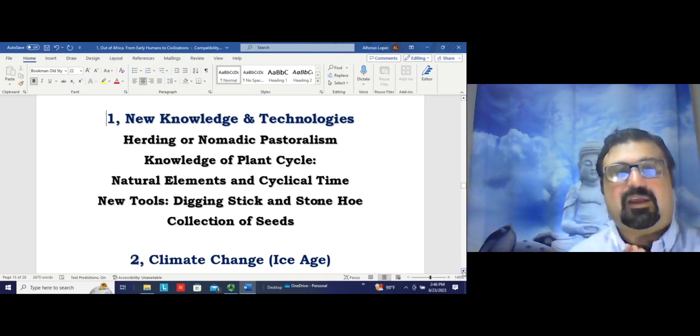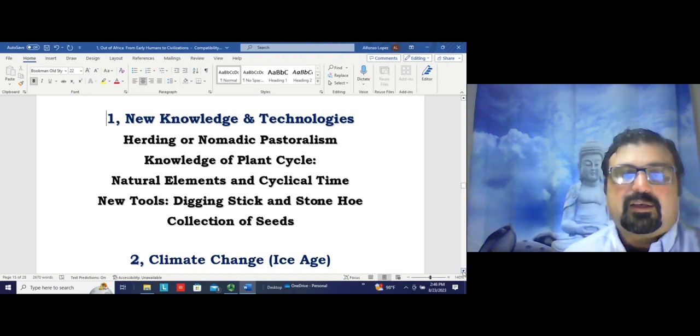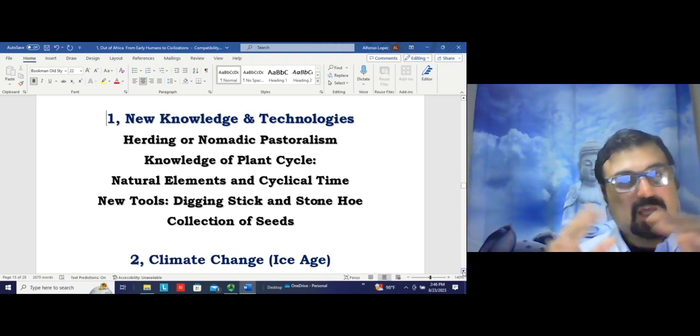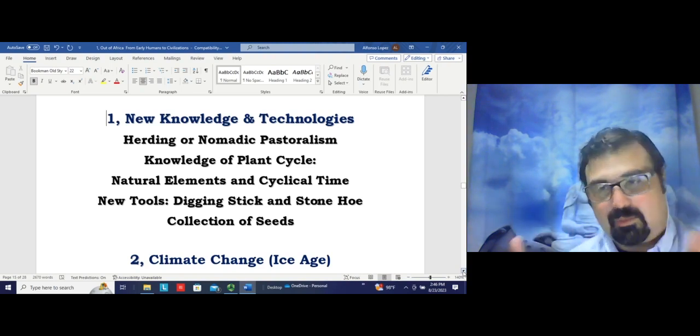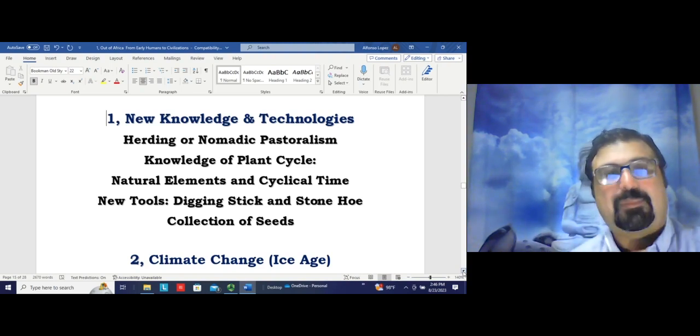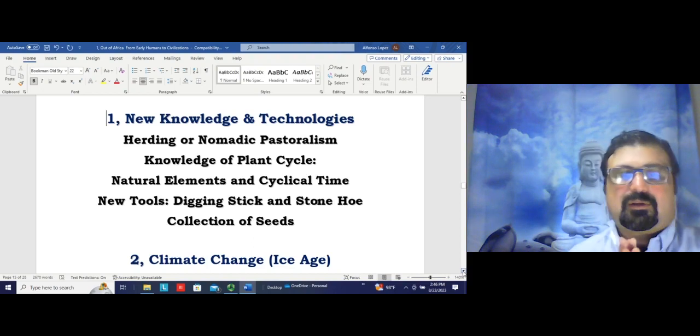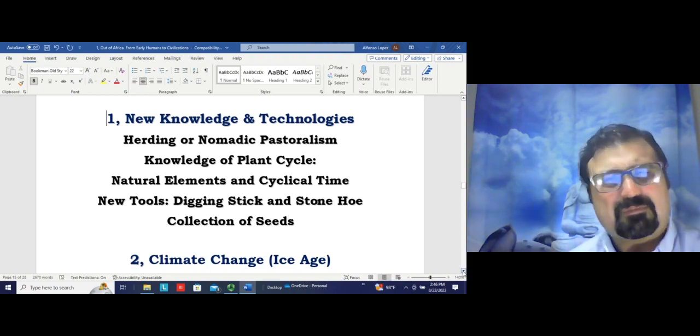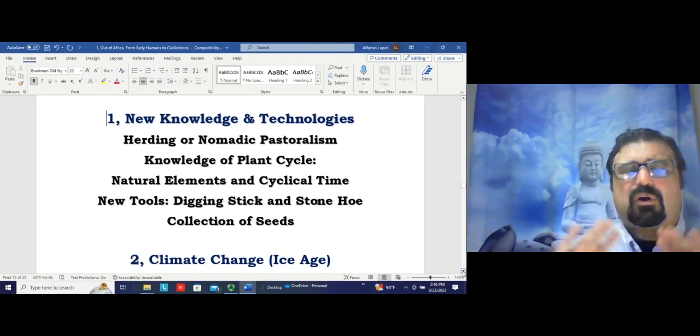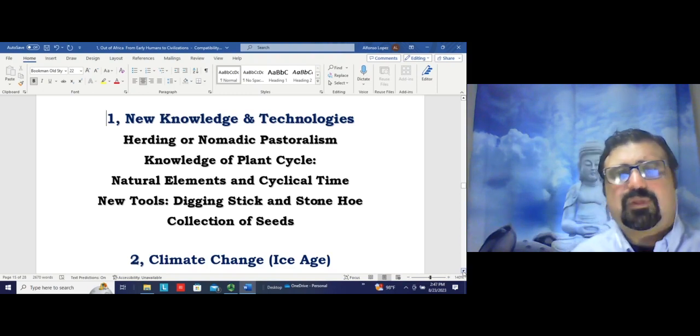So this is the beginning of the very first scientific system of knowledge. It is knowledge that derives from understanding the plant cycle, if you will. Okay, so this is the very, very early origins of what today we call natural science.